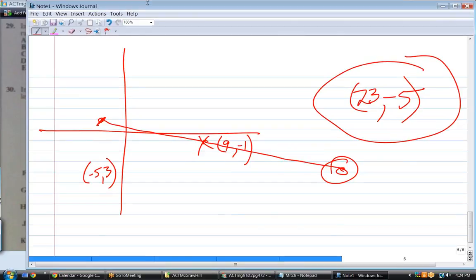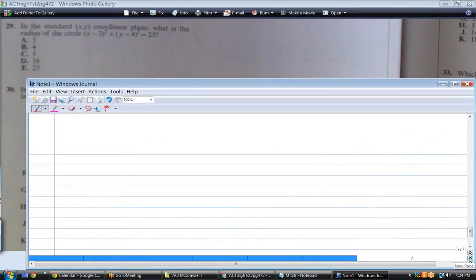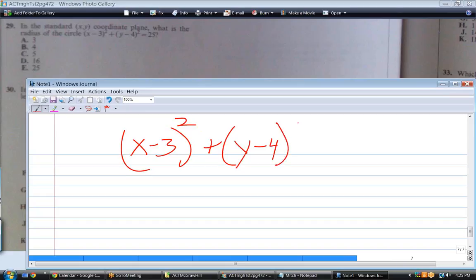In the standard coordinate plane, what is the radius of this circle that they are giving you here? That is the standard equation of a circle.